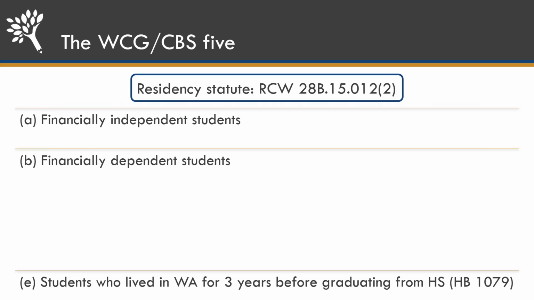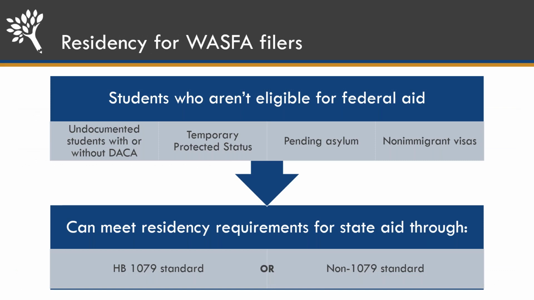So let's delve a little deeper into residency for WASFA filers. I was talking more generally before. Now I'm going to focus on our WASFA filers. As Gabi said, folks who fill out the WASFA are those who aren't eligible for federal aid. Most of those students are going to be undocumented students with or without DACA, but there's several other types.